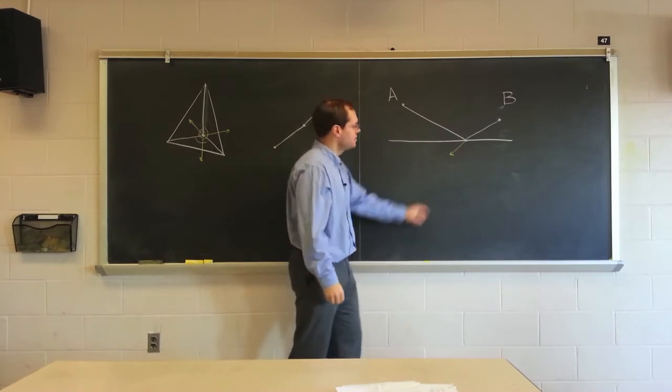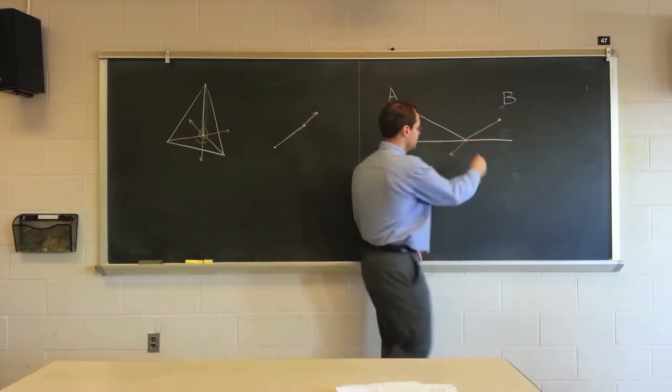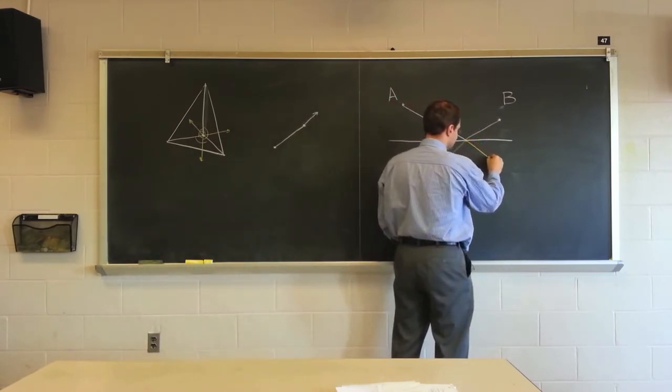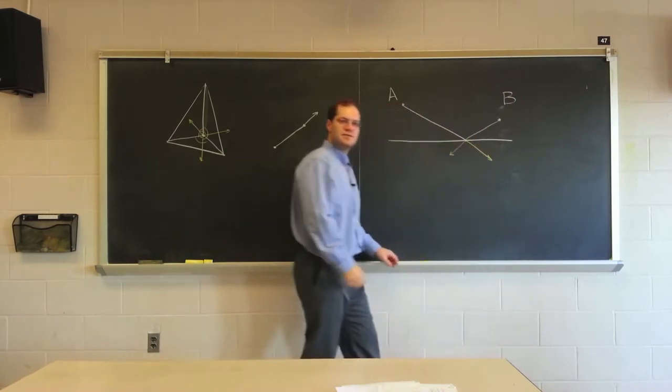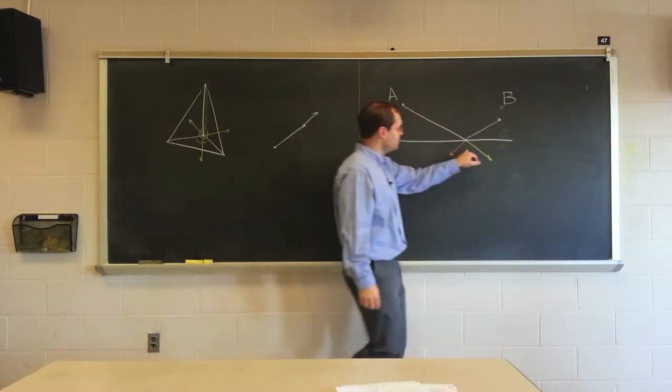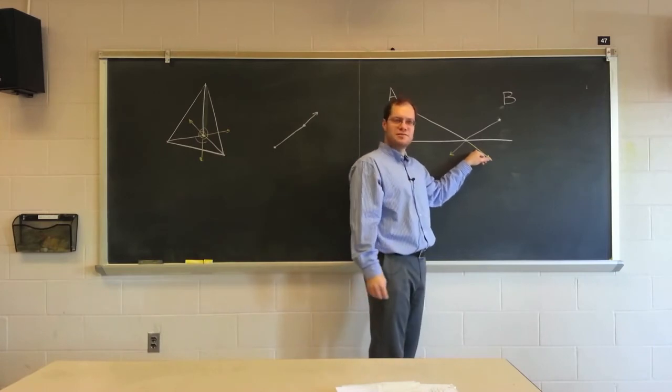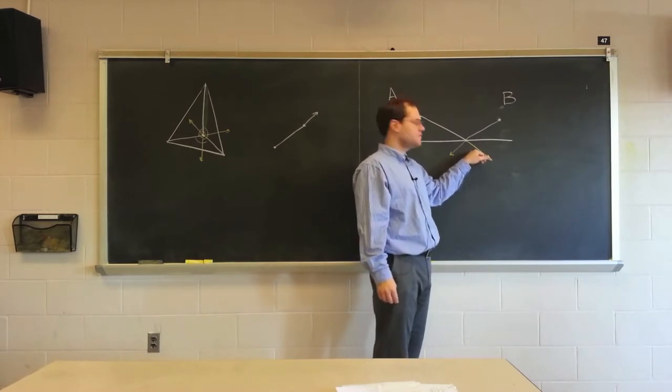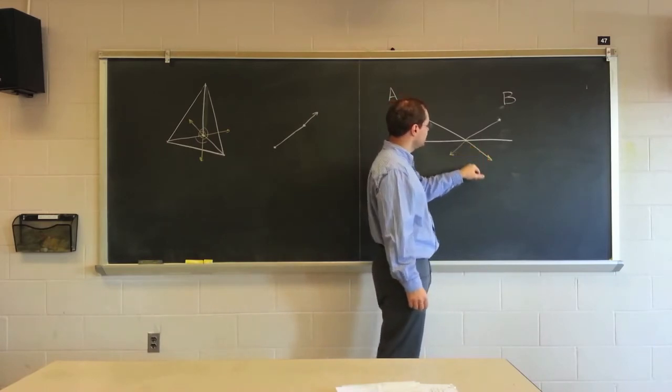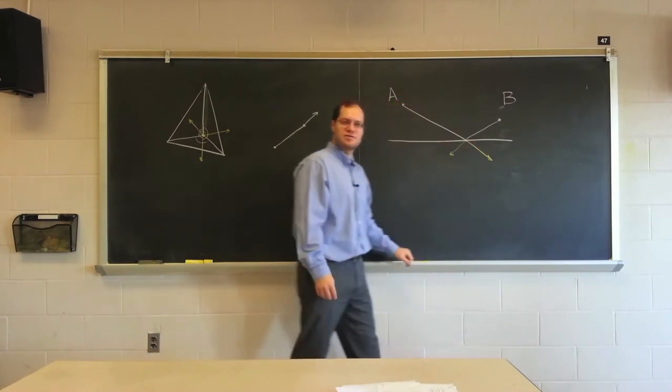Here's the gradient of the length of this segment. Here is the gradient of the length of this segment. The gradient of the sum is the sum of these two gradients. And we need to find a point where the sum of these is orthogonal to the constraint.